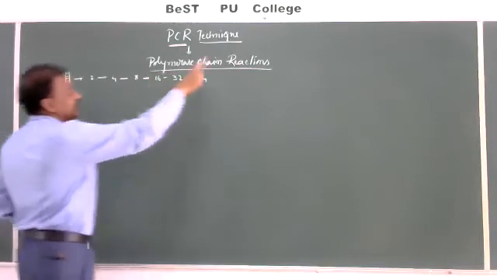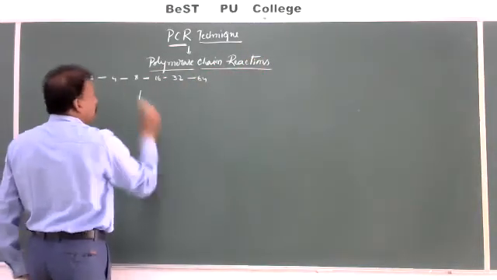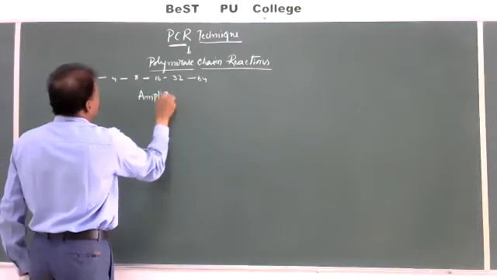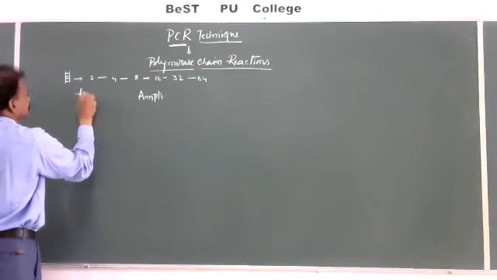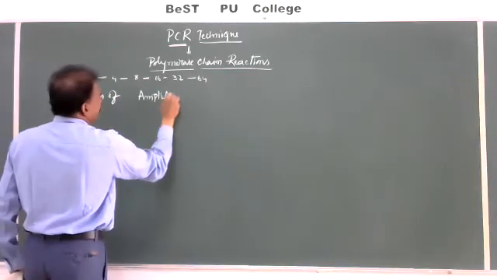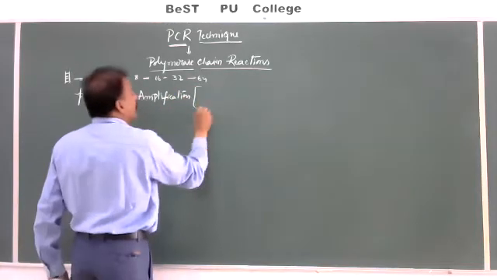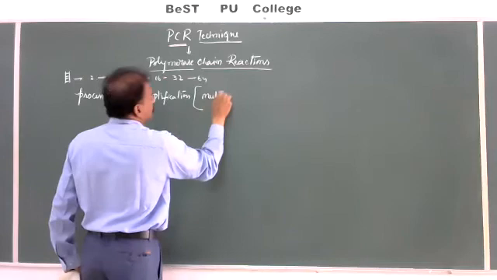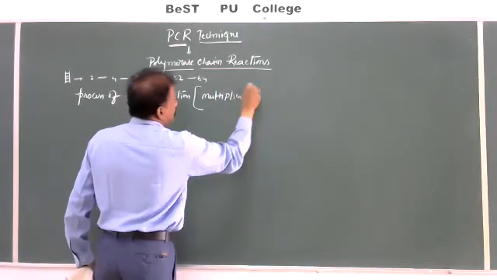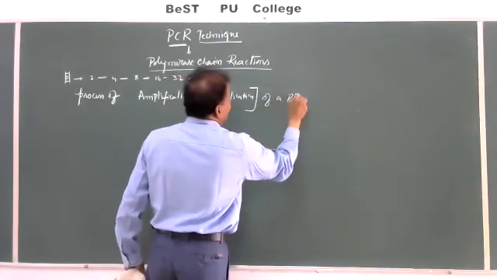So polymerase chain reaction is a process of multiplication or amplification. Amplification means getting more copies, multiplication, of a piece of DNA.